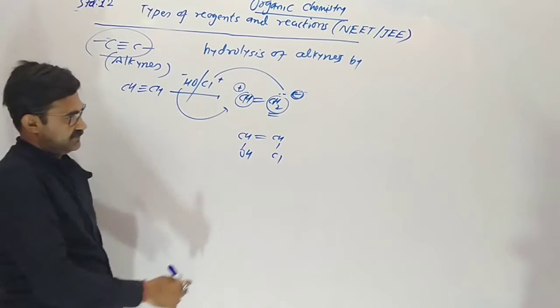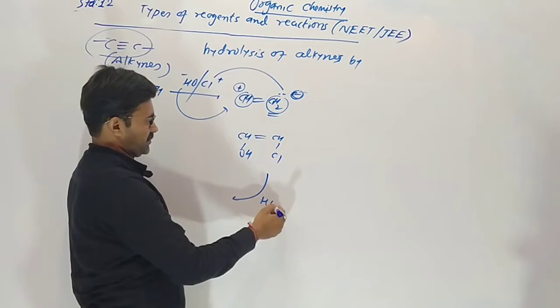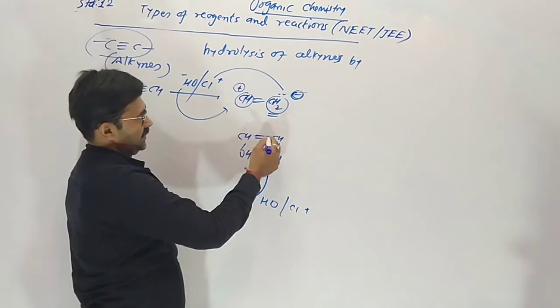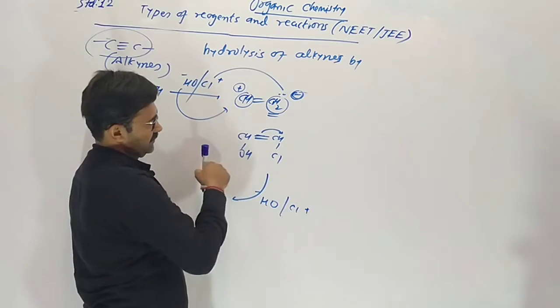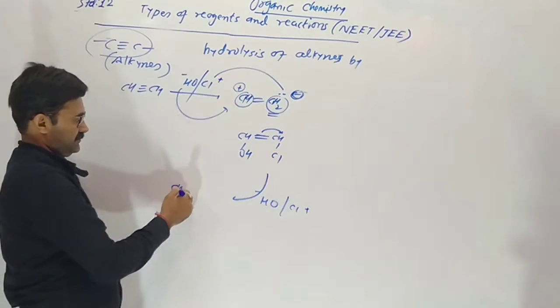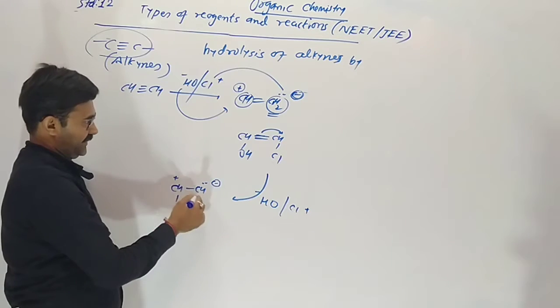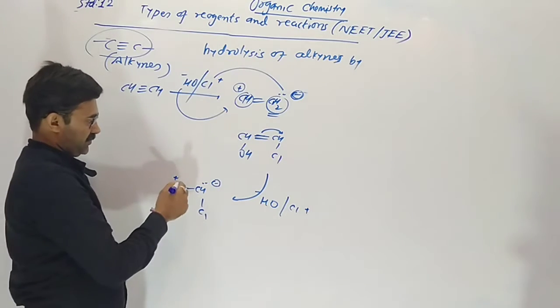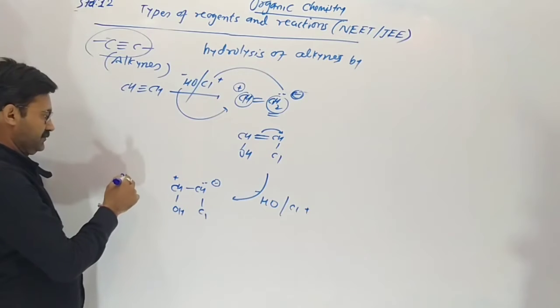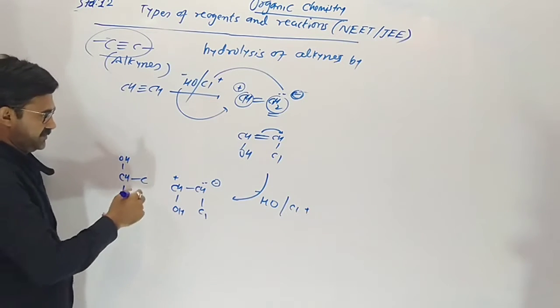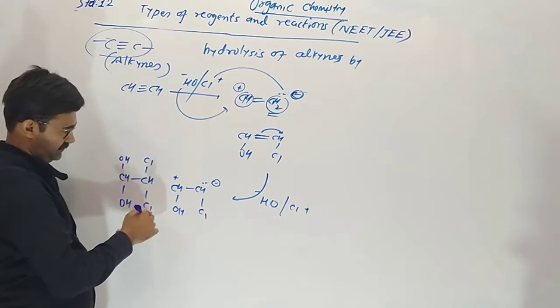Once again it reacts with HOCl. So these two electrons move to this side, not this one. So negative, positive. Here OH comes and here is the chlorine.